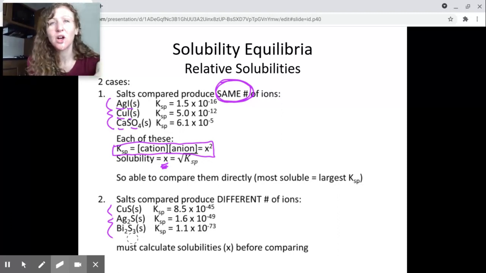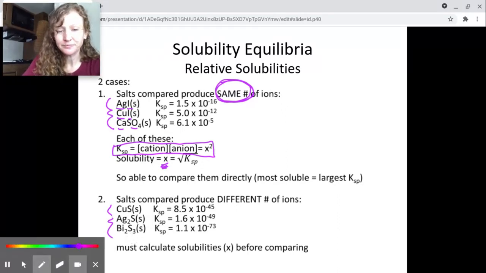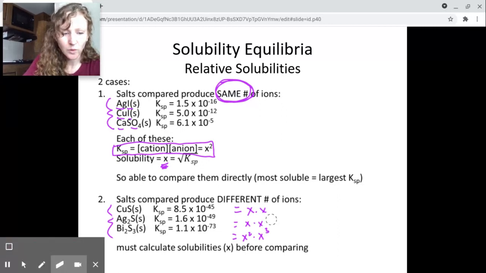So if you take the X's from salts that have different numbers of ions, this one's going to be X times X. This one's going to be X times X squared. This one's going to be X squared times X cubed. I guess the square would be on the other X, right?